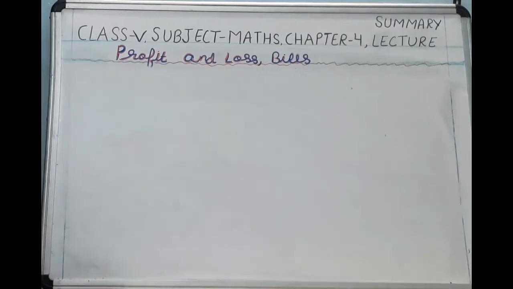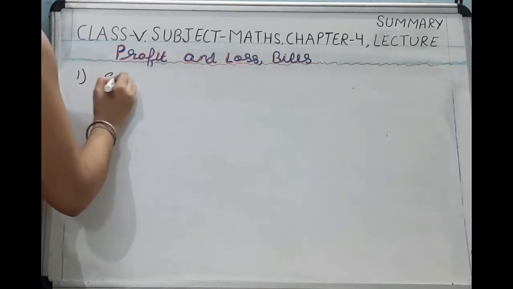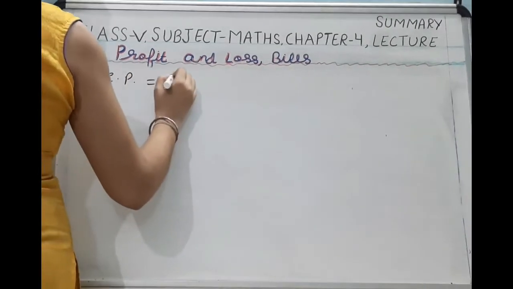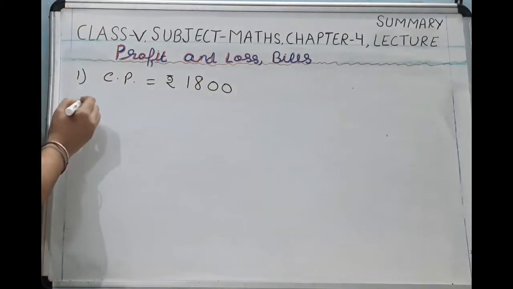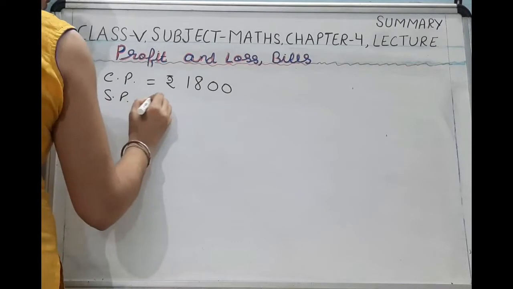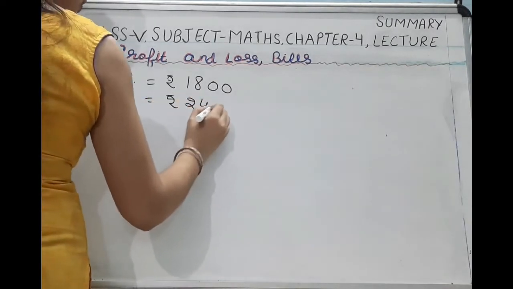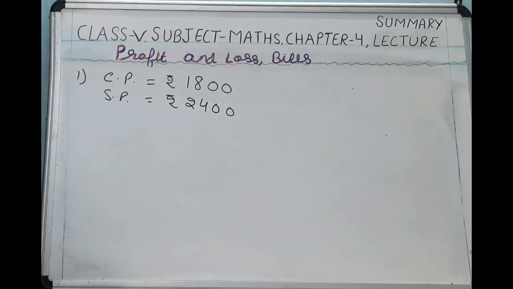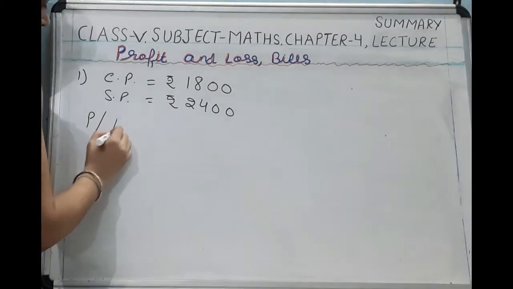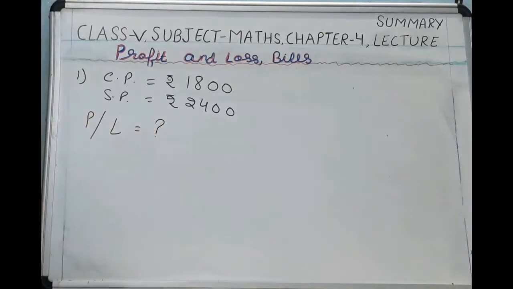Now let's do practice questions based on this profit and loss. First question: cost price is given rupees 1,800 and selling price is given rupees 2,400. Then we have to find out profit or loss. If it is written profit or loss, it doesn't mean that you will find out profit and loss both. Either profit will happen or loss will be there.